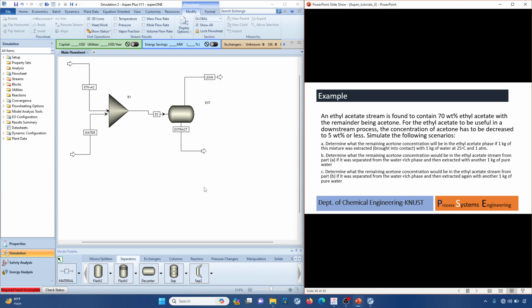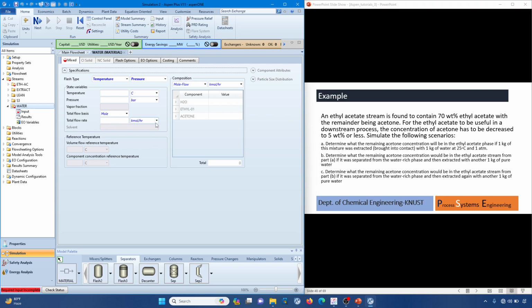Now that the flow sheet is complete, we specify the stream parameters. It should be water, 1 kilogram of water, so the same basis.